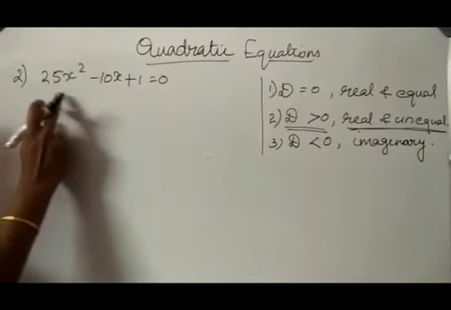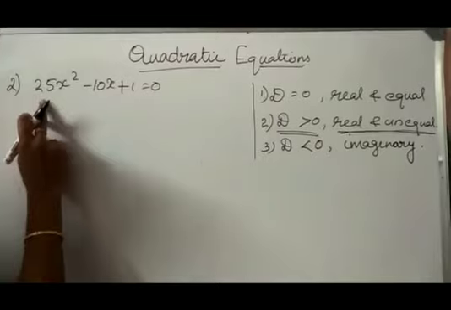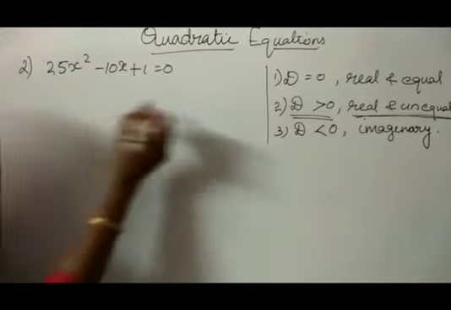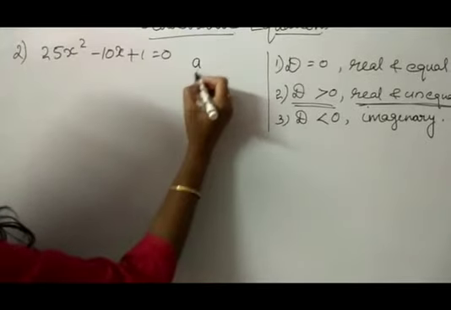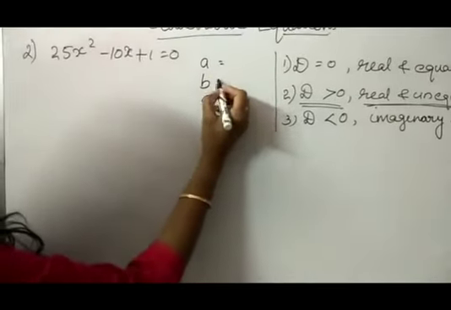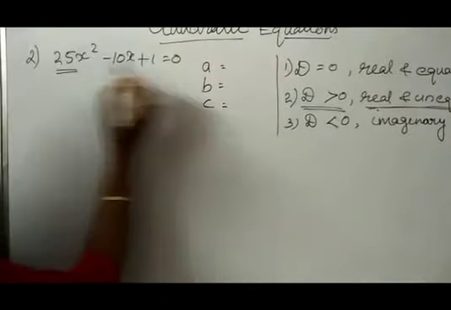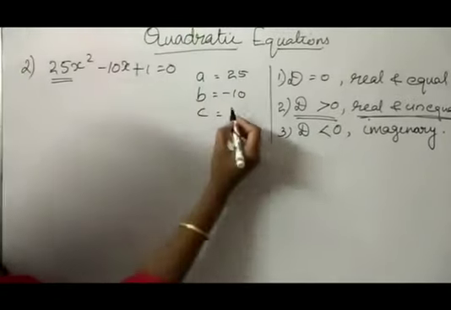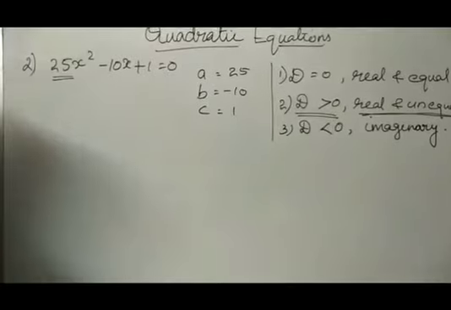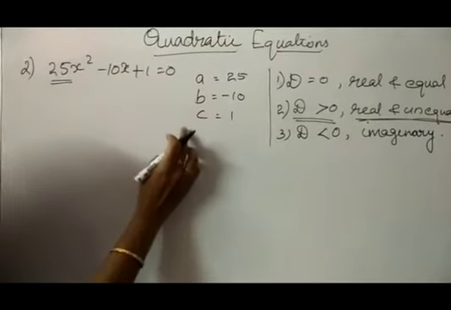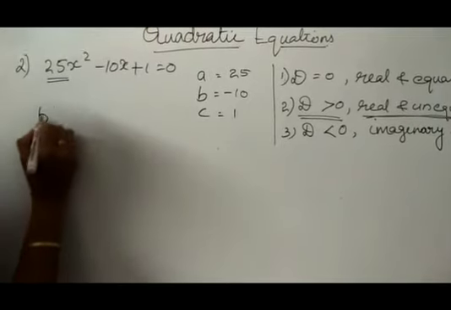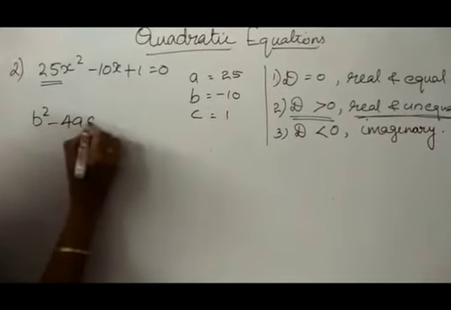Now let's consider another example: 25x square minus 10x plus 1 is equal to 0. The values of a, b, c are: a is 25, b is minus 10 and c is 1. Substitute the values of a, b and c in the discriminant b square minus 4ac.